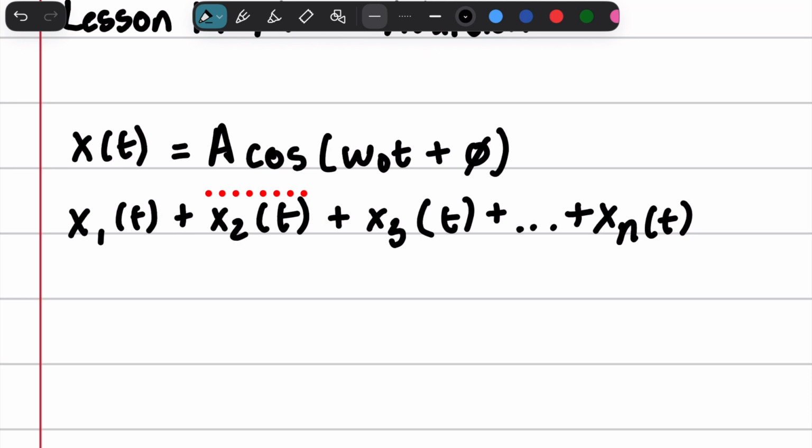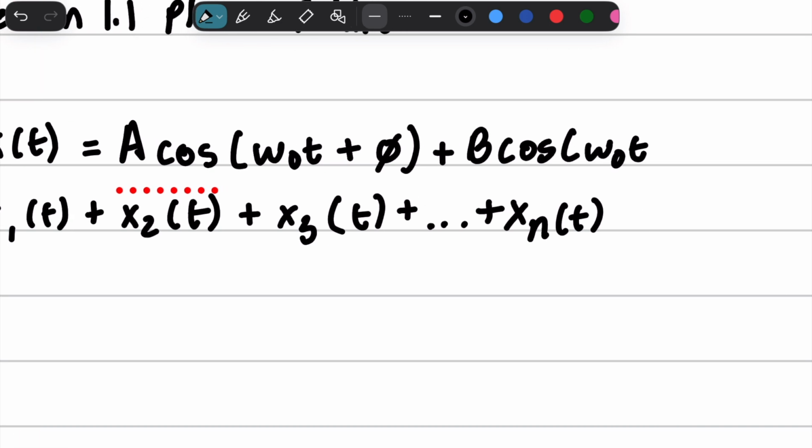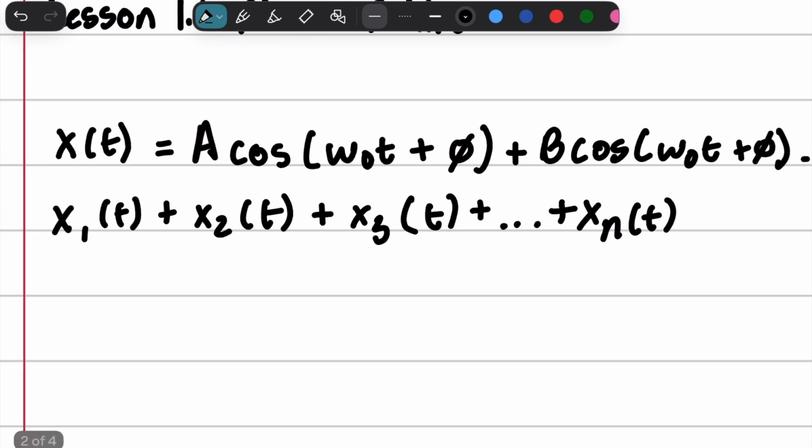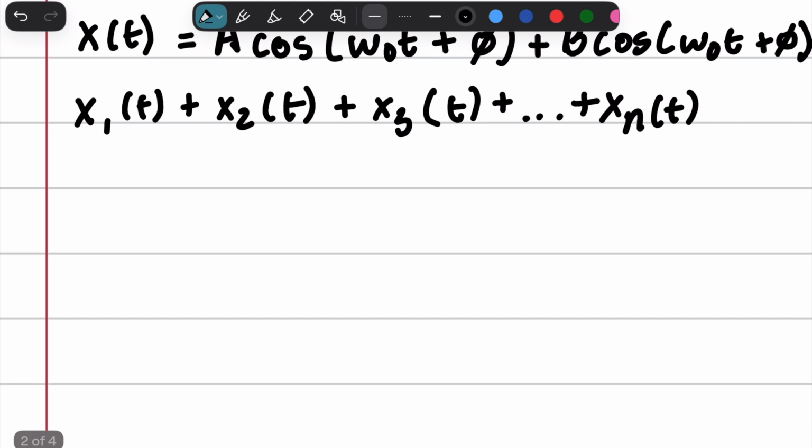But if you've taken any trig, you don't want to add up a bunch of cosines together, and you totally can with the trig identities that you've memorized as a high school student. But instead, we're going to use a different method. We're going to utilize the frequency domain and phasors.